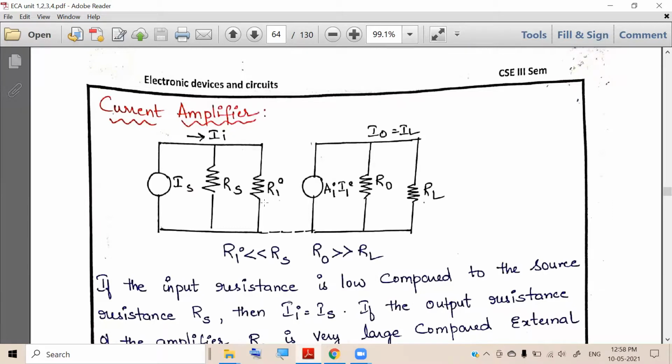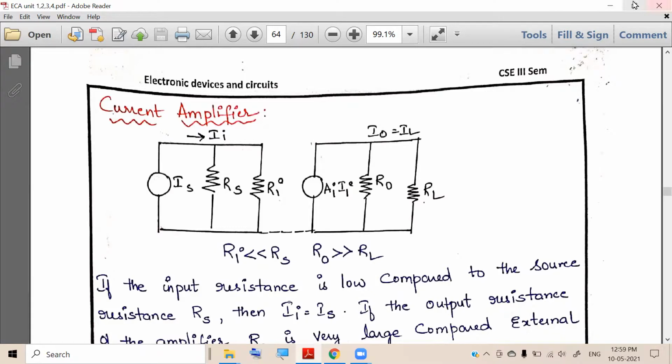So if the maximum of that IS has to flow through RI, you know that current always prefers low resistance. So RI has to be much less than RS.